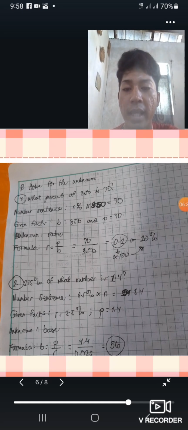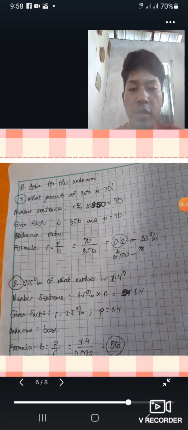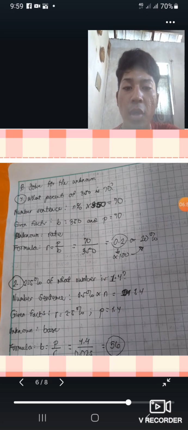The formula is, like the formula earlier, R equals P over B. So that is 70 over 350, which equals 0.2 or 20%.